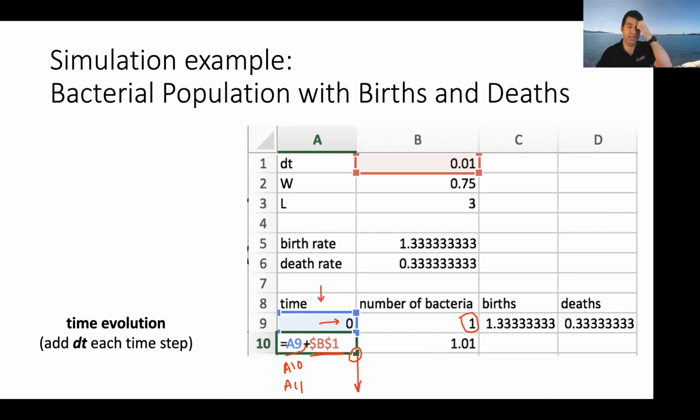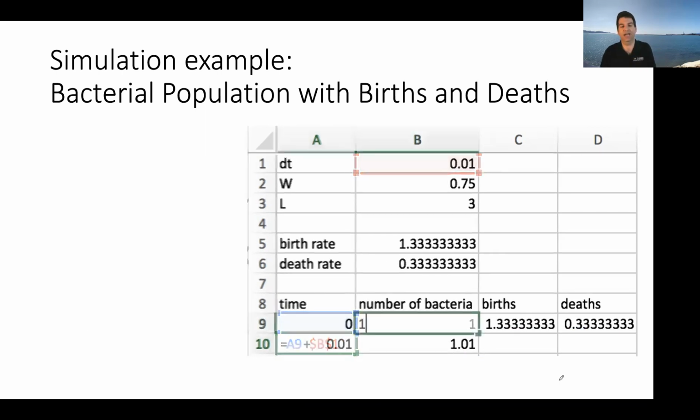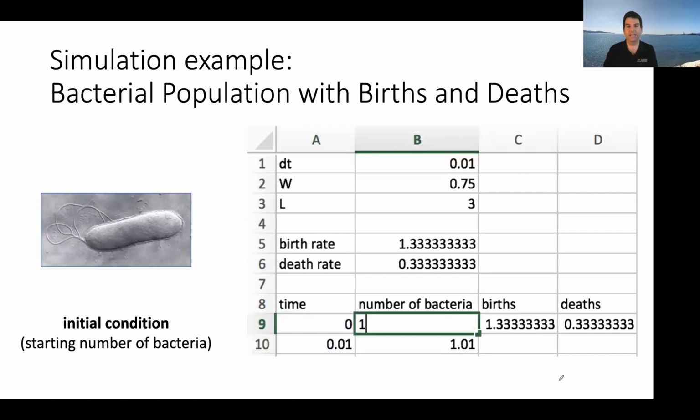And I don't fill in these yet. This one and this one are all going to be formulas that I'm about to put in. So I have this 1 bacteria that I filled in there because I start with 1 bacteria. And notice that this formula just ends up being whatever my DT is, and it'll be 2 times my DT down here. It'll be 0.02 here.